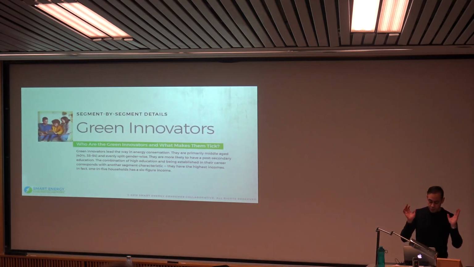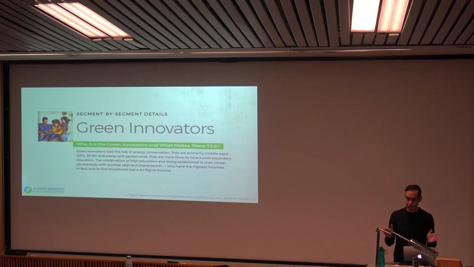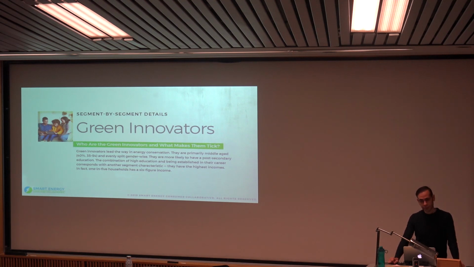So this Smart Energy Consumer Collaborative has this algorithm, and based on how people behave in terms of their consuming patterns of energy and their answers to some attitudinal questions, we can group them in 4 main groups. The first one of these groups is the green innovators.